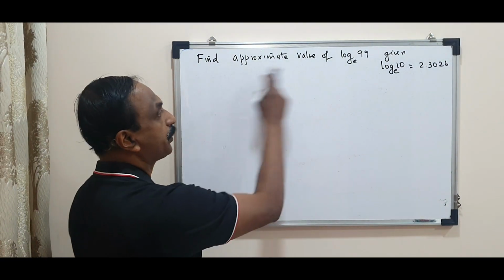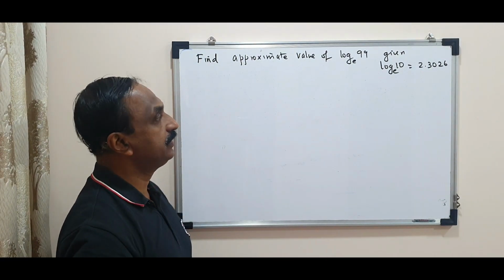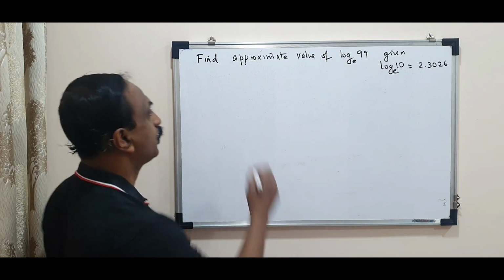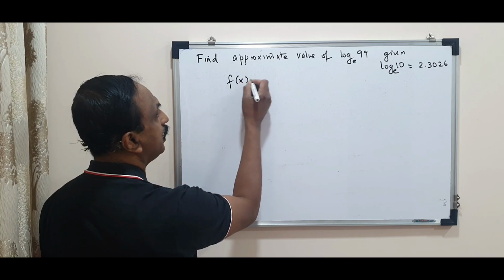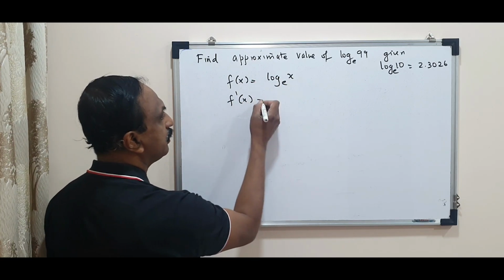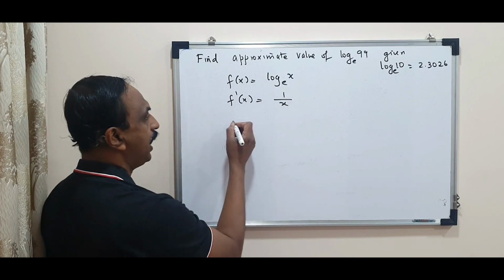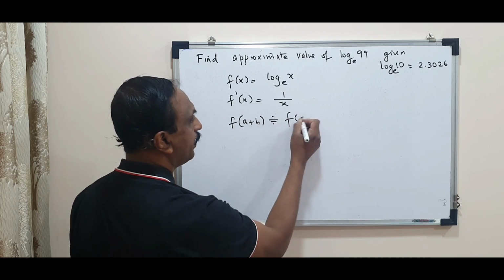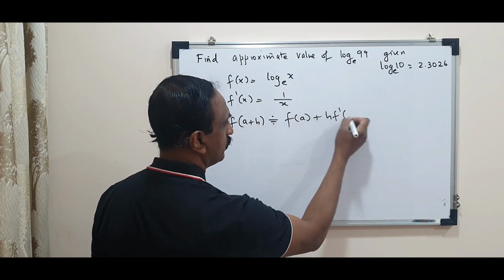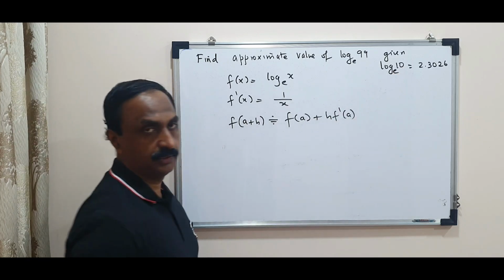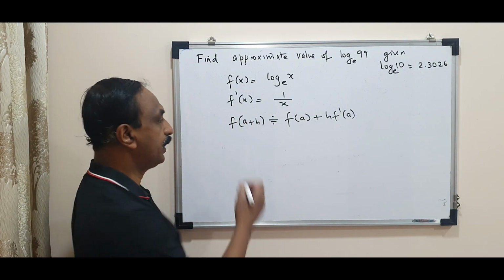Now let's find the approximate value of log 99 given log 10 to the base e. Now here is base e. So your function f of x is log x to the base e, so the derivative is directly 1 by x. And we want to calculate using this formula. So for 99, log 10 is given to me. That means log 100 can be calculated.